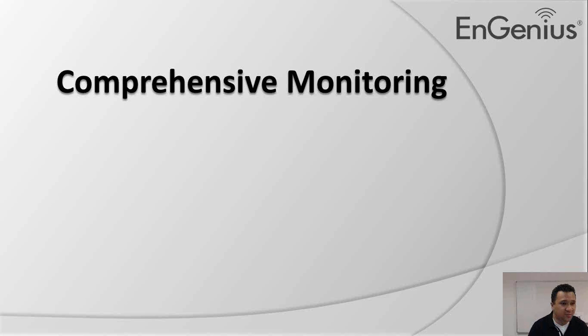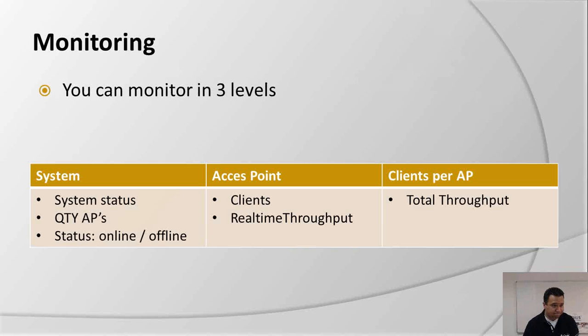So comprehensive monitoring. We can monitor our network in 3 different levels. First of all, in the general system settings here, we can see system status. In the system, we can see the quantity of access points that are connected and the status of online and offline or busy.